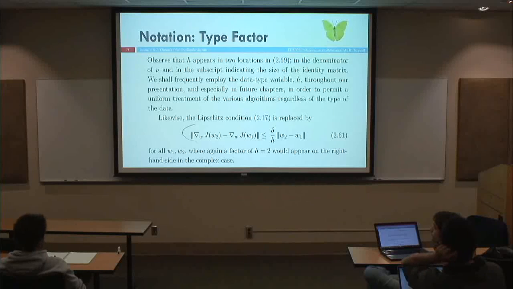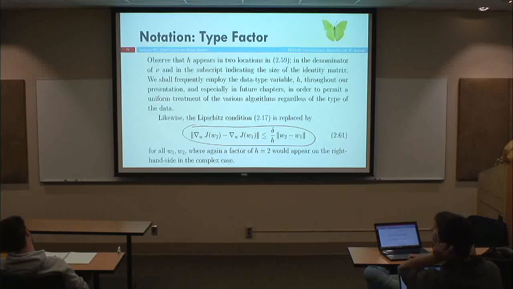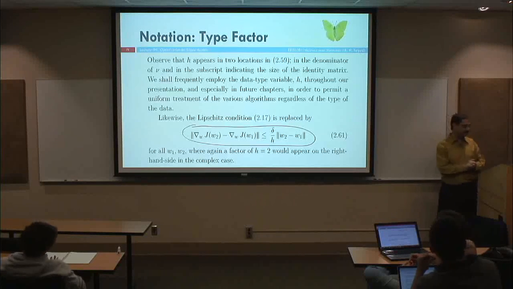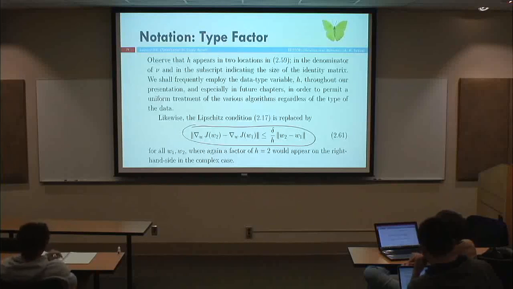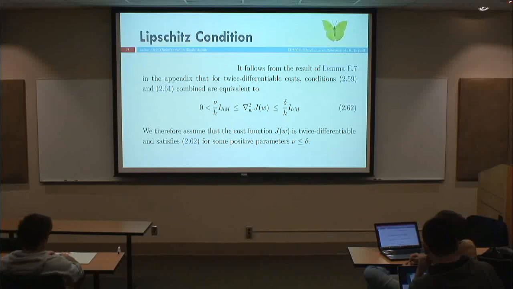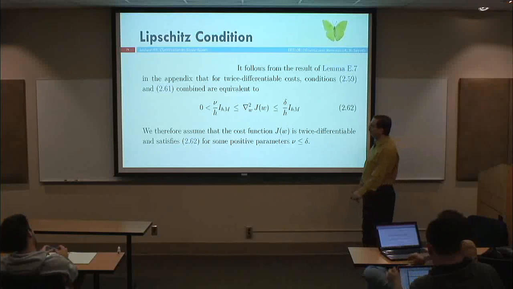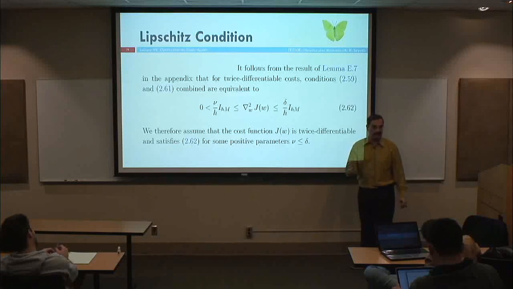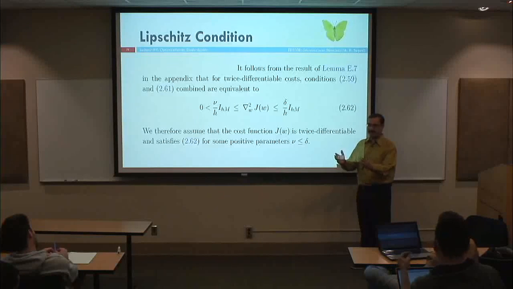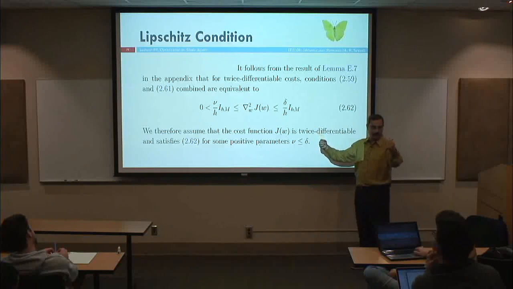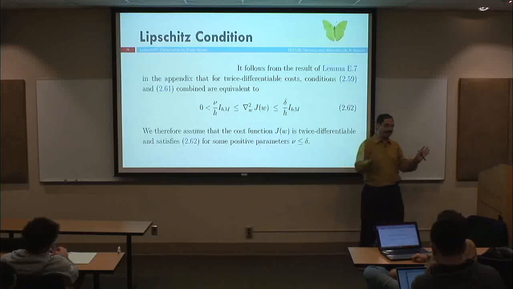And the same thing for the Lipschitz condition on the gradient. So, just like before, what are the conditions that I'm going to impose on the cost function, on the risk function? The Hessian matrix is bounded from below and above by nu and delta, meaning nu over H, delta over H. Just like before.